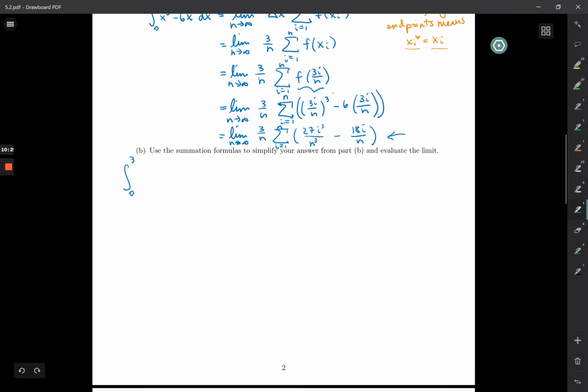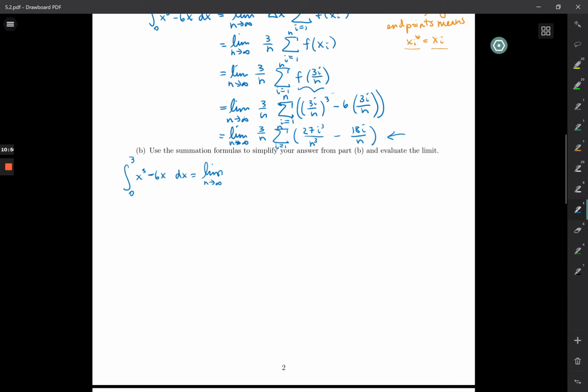Unfortunately, I didn't do the formatting too perfectly. So this is going to give us, when we take this limit, the definite integral from 0 to 3 of this function. Since we have it right here, I won't copy it down again. I will just move to start simplifying.